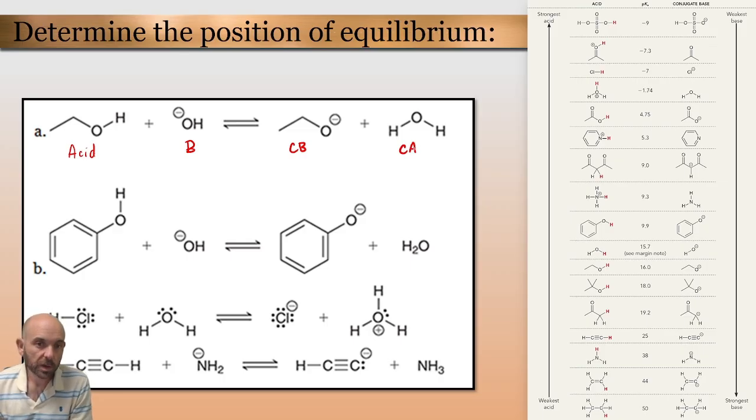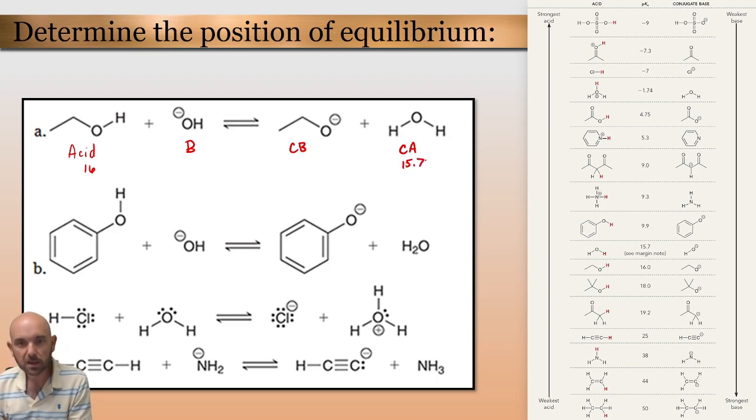What we're going to do is compare the pKa's of the conjugate acid and the conjugate base, and keep in mind that equilibrium always favors the higher pKa. So the pKa of this acid is 16.0, so I'll put that here, 16, and the pKa of water is 15.7.